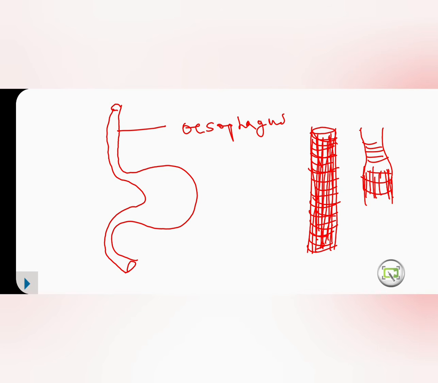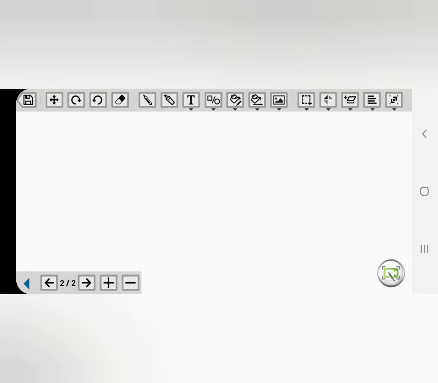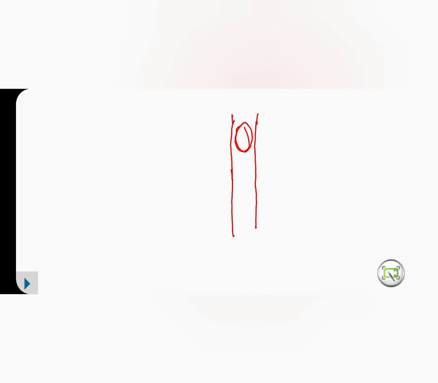Now let us see how food passes through esophagus. Suppose the food has entered in the form of bolus into esophagus, the circular muscles present in front of the bolus contract. So here the circular muscles contract, so it narrows.